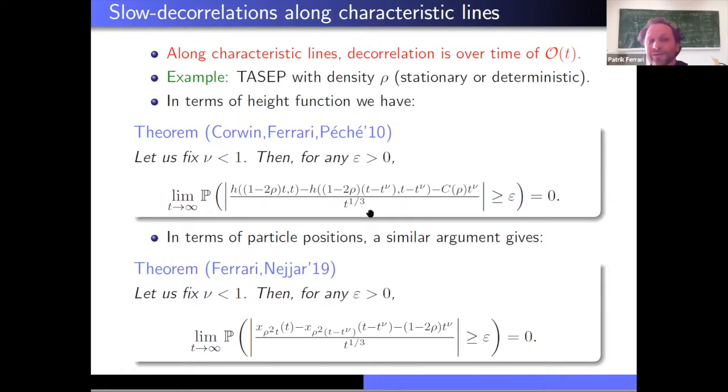But if you divide by t to the 1/3, which is the typical fluctuation of h, then you don't see any difference. So as soon as you take two points along the characteristic, in order to see a non-trivial correlation you have to really look macroscopically. The points should be macroscopically apart, at times proportional to t, say one half t. If the difference is smaller, then at first order you don't see any.